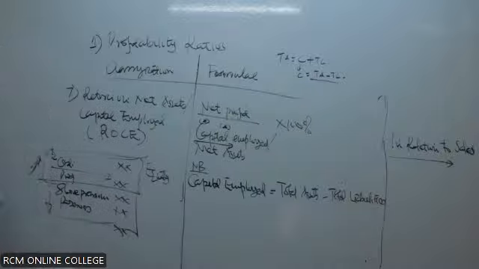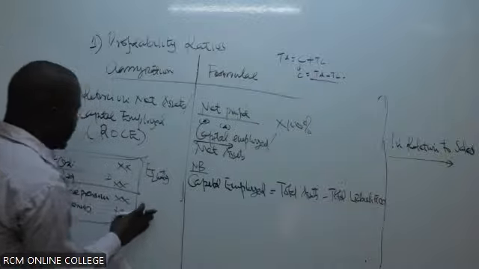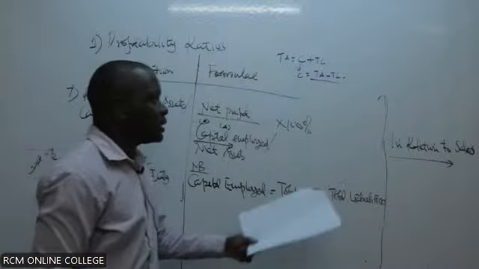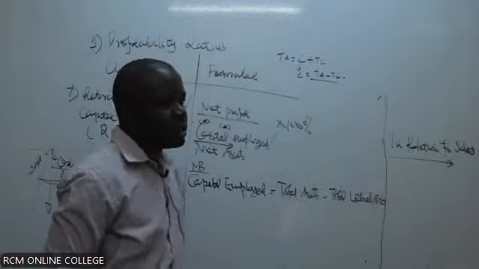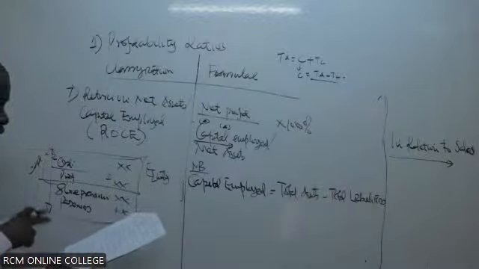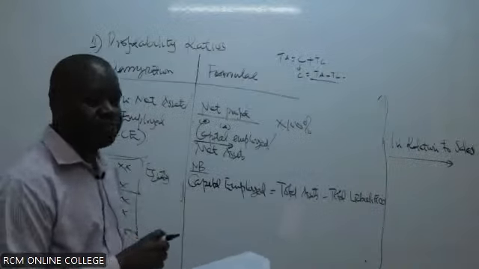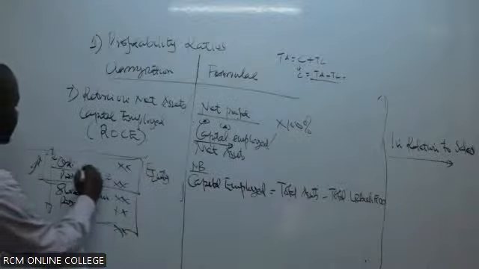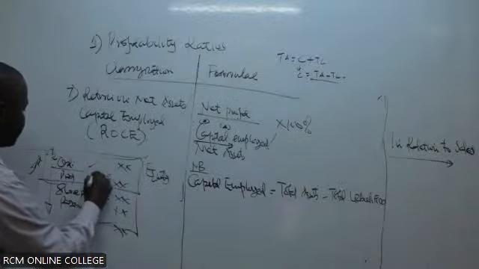So take note that when you talk about capital employed, we are ideally talking about the capital component in the balance sheet. That's why we take total assets minus total liabilities. For return on equity, we only consider the shareholders' funds, contributed by selling ordinary shares and preference shares.